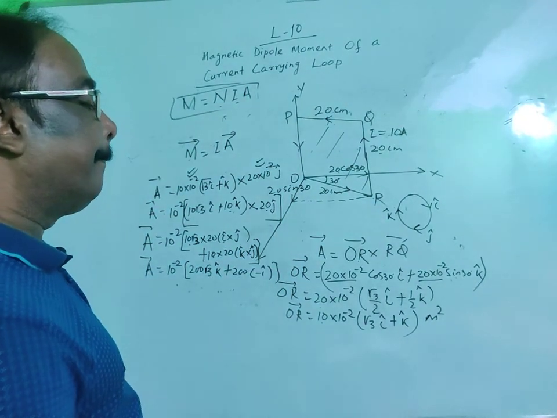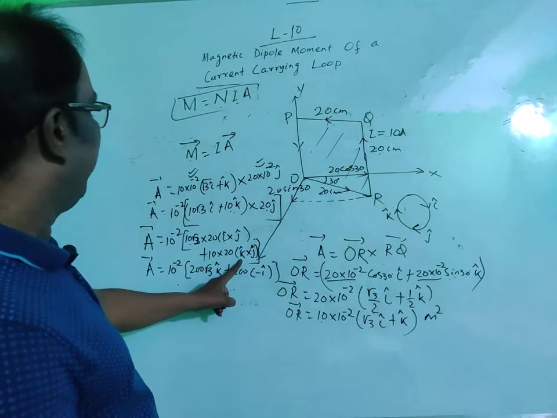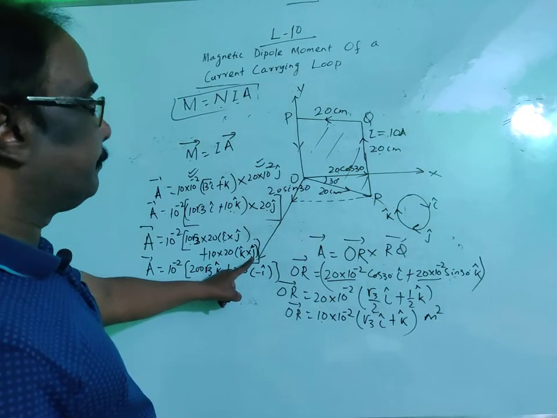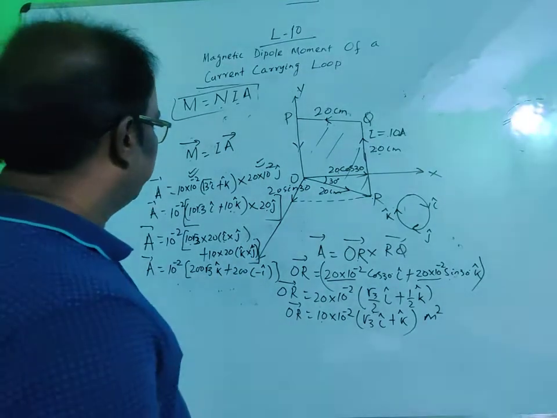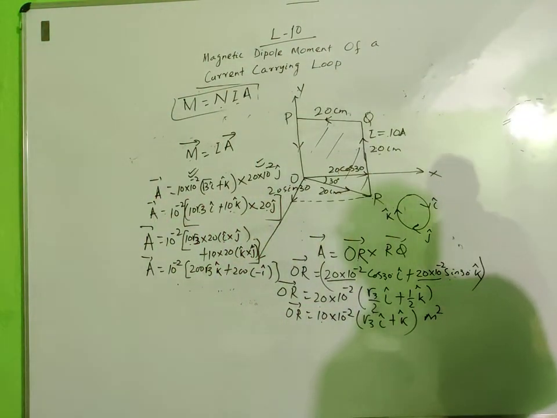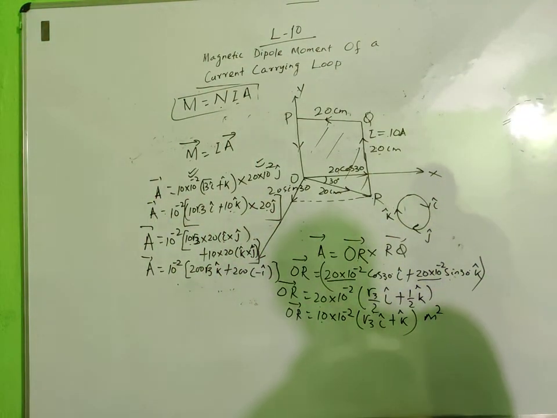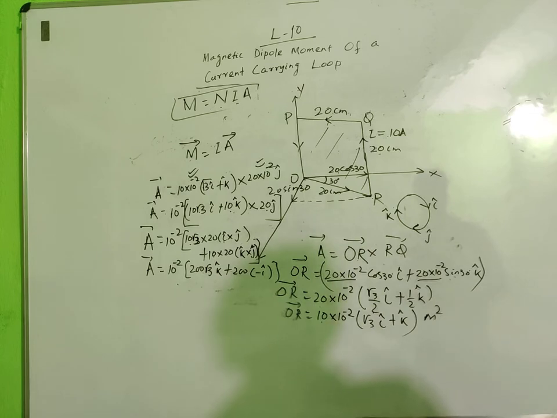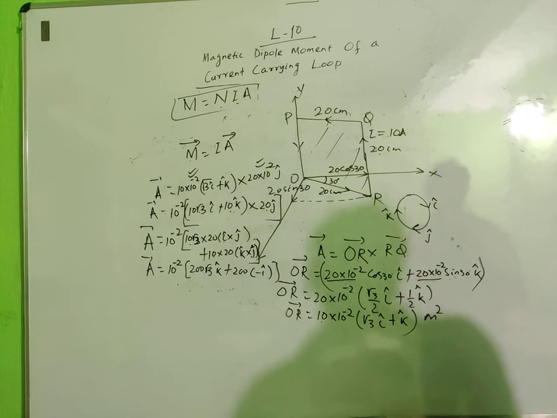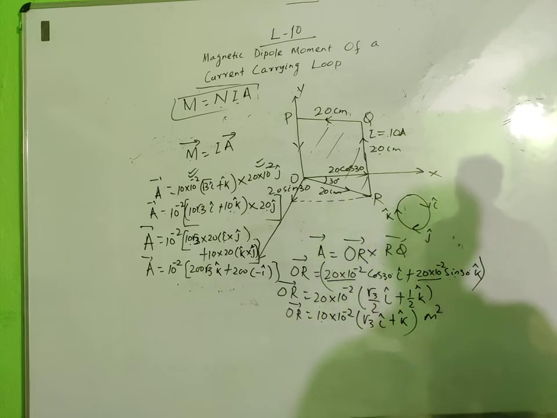Am I clear? K cross j, just see it. K cross j, i cap cross k cap, k cap cross j cap.